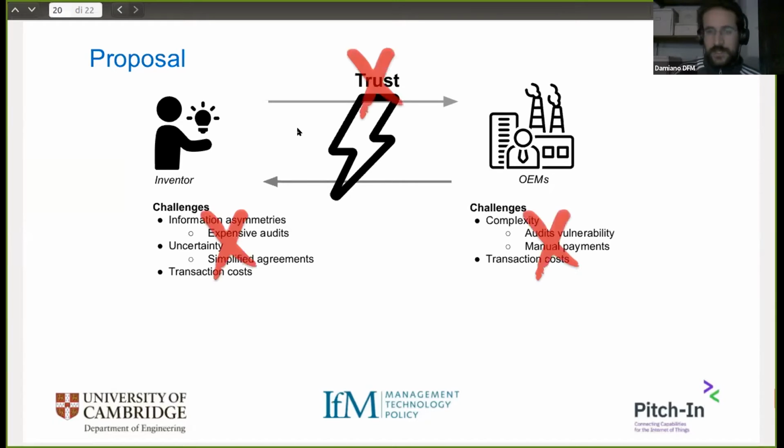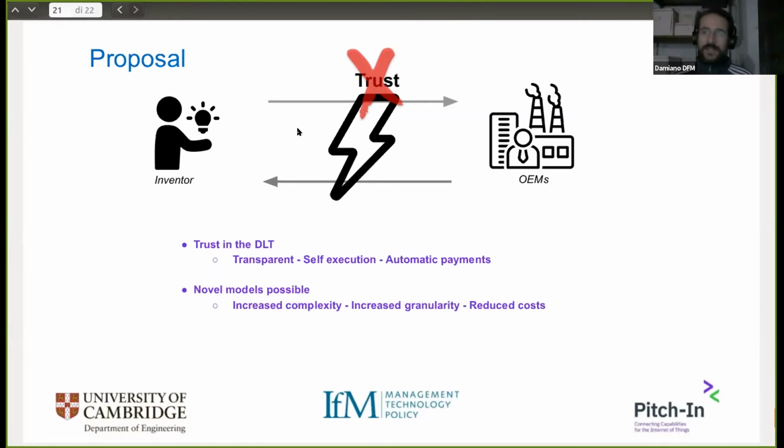And as we said before, when we introduce the DLT, we solve all these problems, and more importantly, we solve the trust issues. The inventor does not have to trust the licensee anymore to behave correctly because he trusts the DLT, he trusts the chain. What does this trust in the chain provide us? Well, basically the three properties that we saw before for smart contracts translate for us into transparency in the system.